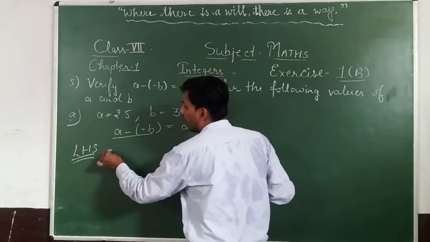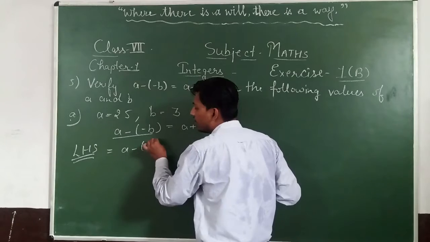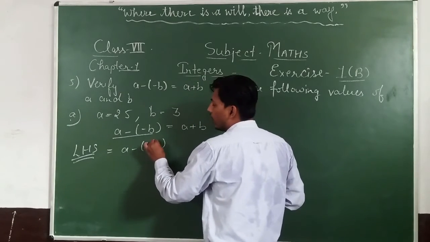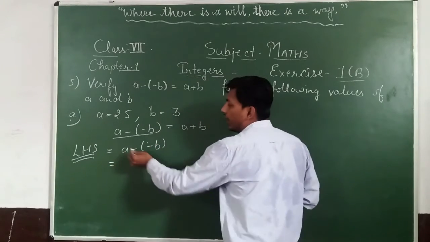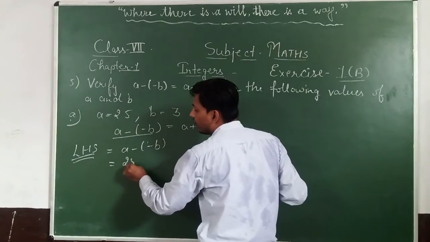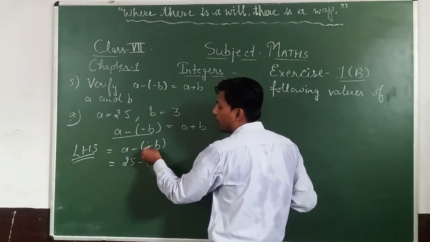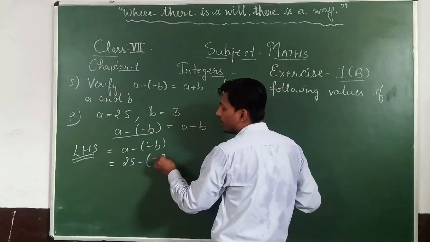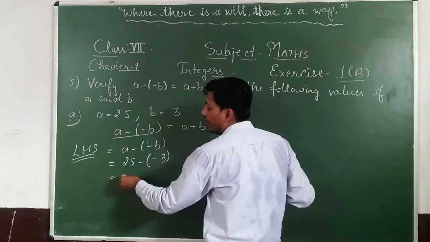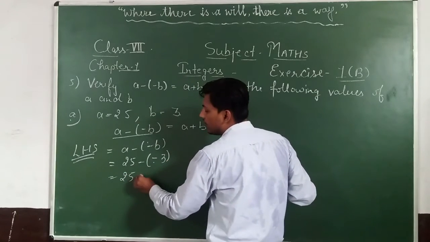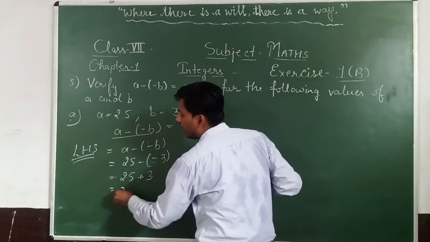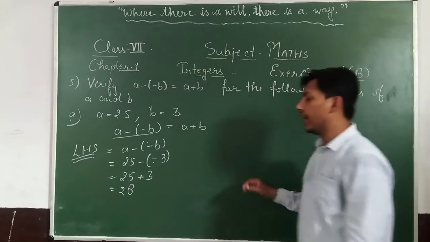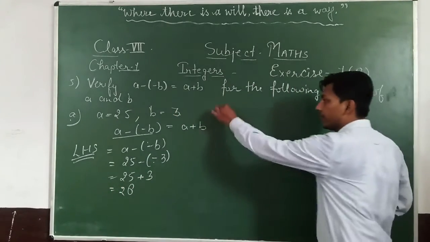A minus minus B. Now put the values. Value of A is 25, minus bracket, put minus sign, then value of B is 3. 25 minus minus 3 is equal to 28. And in LHS we got 28.